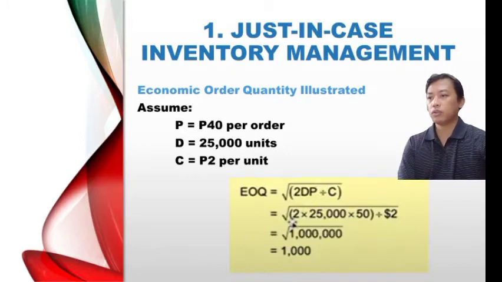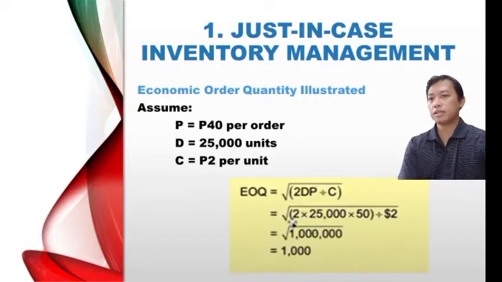That is the square root of 2 multiplied by 25,000 multiplied by 50, then divided by 2 pesos, which is equal to the square root of 1 million. And the square root of 1 million is 1,000 units. So that is our EOQ.